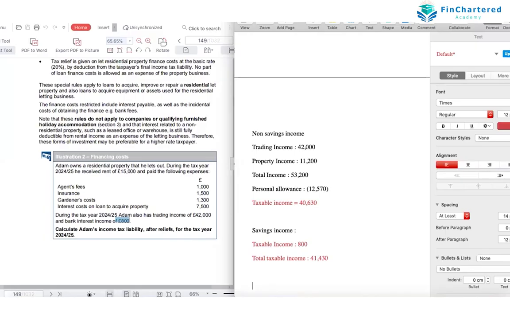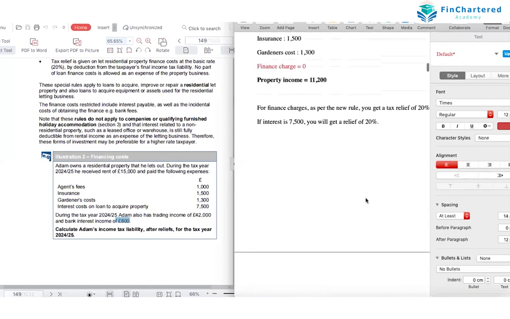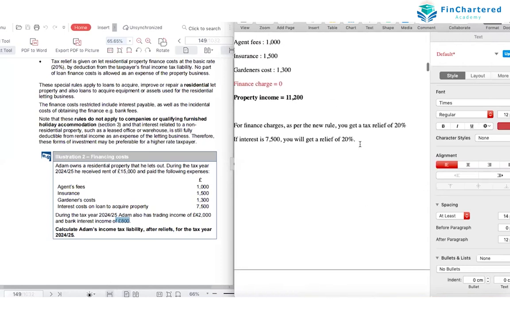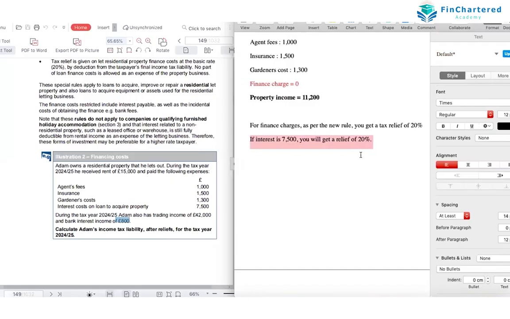So now you know very well that we are up to 37,700, we will be taxing ourselves at 20%. After that, we go to 40%. So we are a higher rate taxpayer. So as usual, again, we are ignoring this part for now.